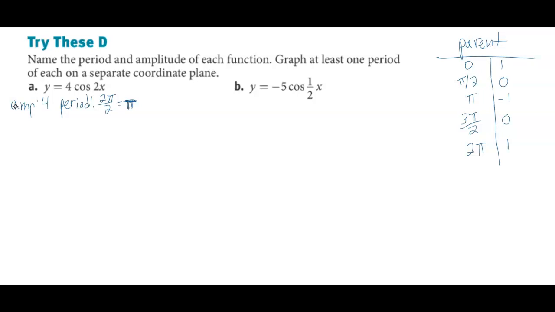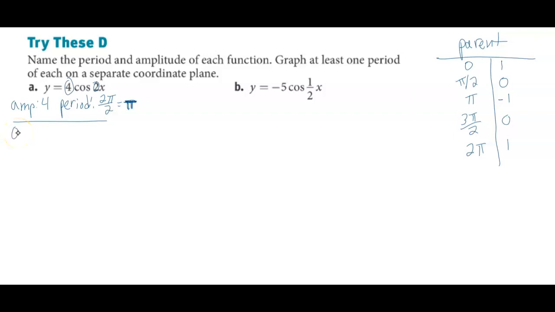So what I'm going to do is I'm going to take A, I'm going to multiply all my y's by A. Then I'm going to take B, I'm going to divide all my x's by B. So I've got my new points going on here.